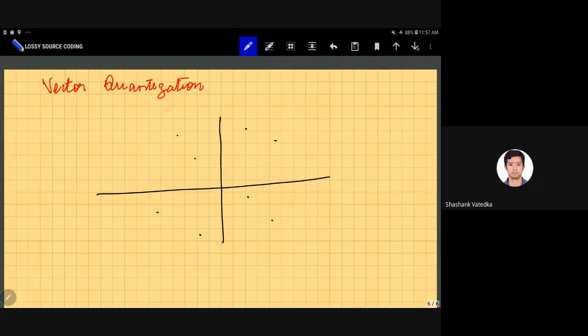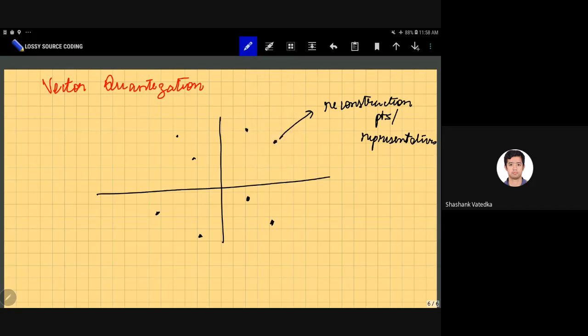So these black dots correspond to the different levels that we had earlier. These are what we'll call reconstruction points, or representatives. And then we also need to choose the thresholds.